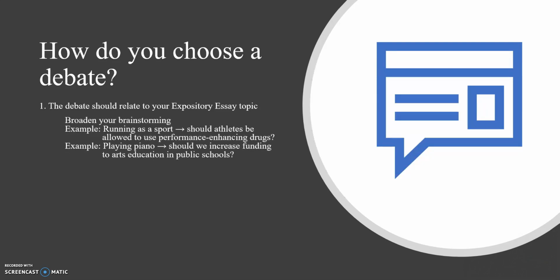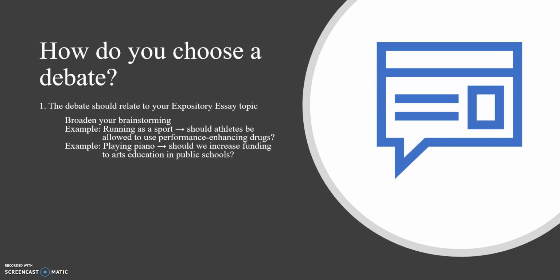Now, one thing that will help you, I think, is to broaden your brainstorming on your topic. So, for example, some of you wrote on running as a sport. Great topic. What you could do to help you brainstorm a debate for this paper is to not just think of running specifically, but maybe expand that to think about a larger debate affecting multiple kinds of sports.